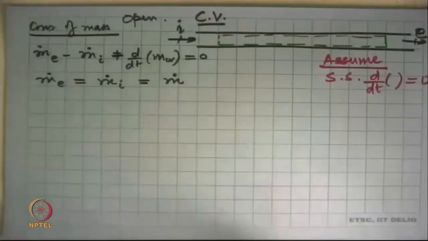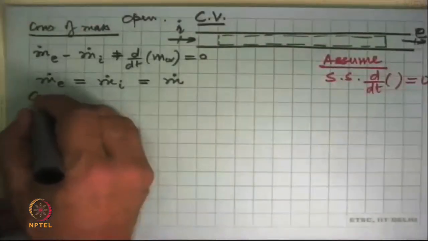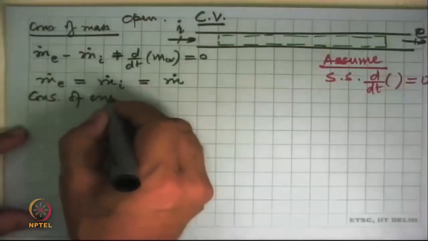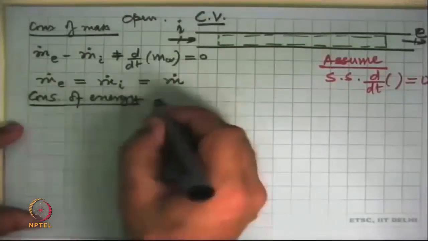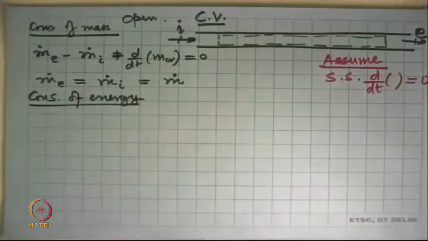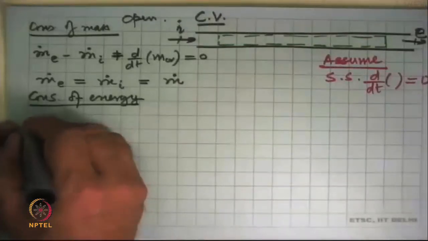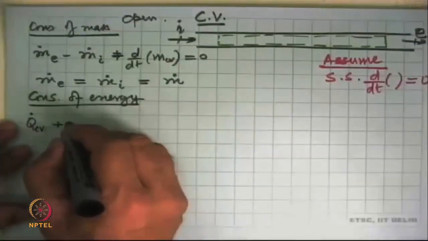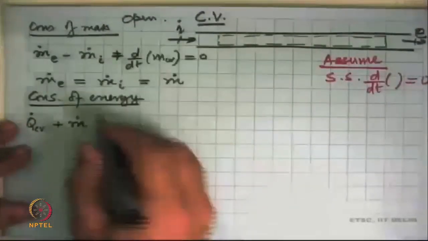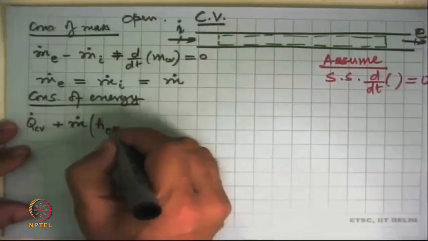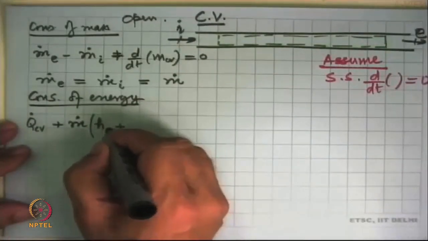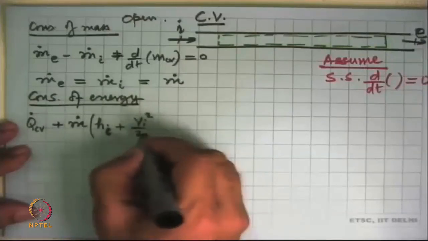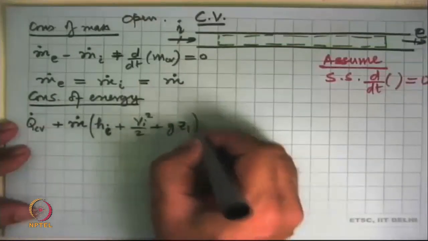And remember, every system has to obey conservation of mass, conservation of energy, and the second law. So now we go to the second one, conservation of energy, which is the first law equation for a control volume. And here we will get that long equation. So let's put that down together. Q dot CV plus, there is only one inflow, so this becomes m dot into HI plus VI square upon 2 plus g ZI.